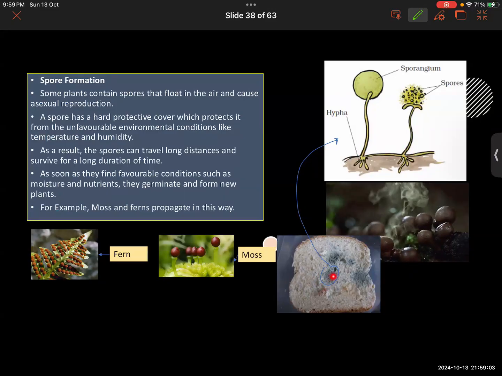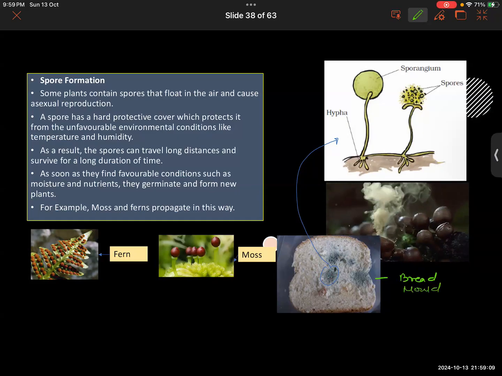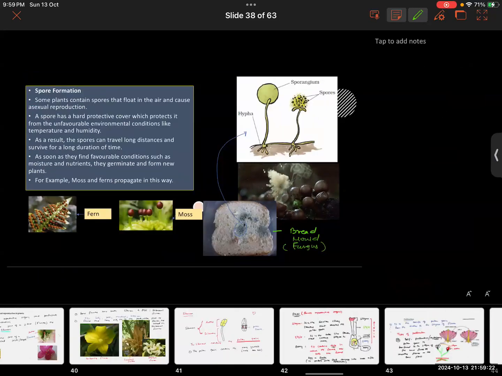So that is the structure of this, and this thing is called bread mold. And bread mold is nothing but a type of fungus. In fact, the edible mushroom that we consume is also a fungus, and this one is also a fungus. Is that clear to everyone what I'm trying to say? Yes, sir.